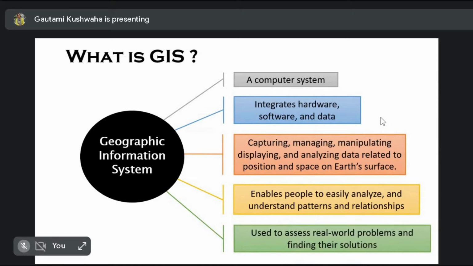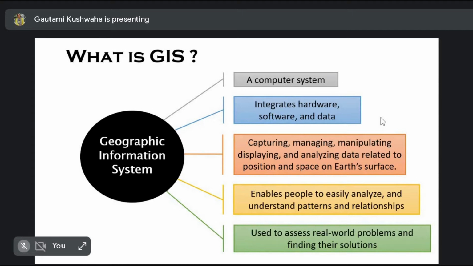For example, you can find out the relationship between a physical parameter and an economic parameter, such as the physical growth of a city and its GDP or economic activities. Or you can analyze salinity in groundwater level and women's health in a particular city. These are very different kinds of parameters.